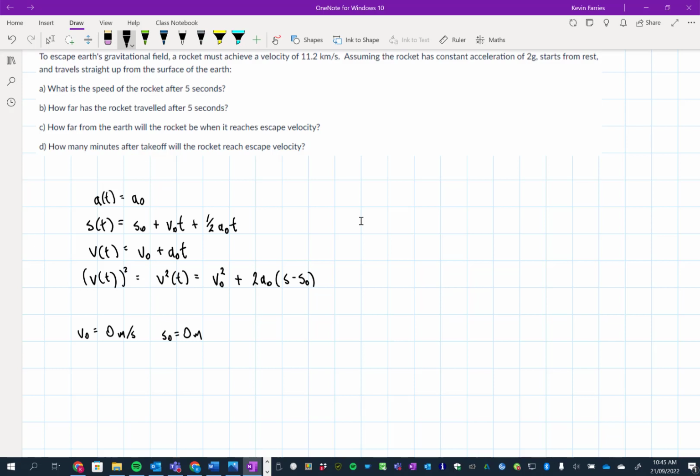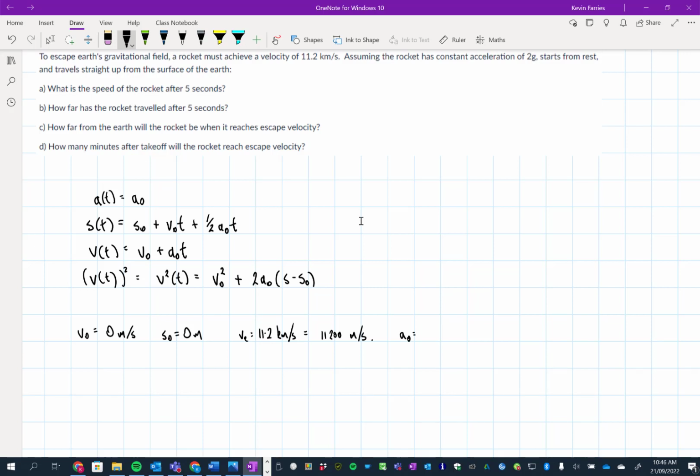Oh, and we know the escape velocity, VE, is equal to 11.2 kilometers per second. Let's get everything in meters per second. So that's 11200 meters per second. I think that's all the information we've got. Oh, and we know the acceleration.